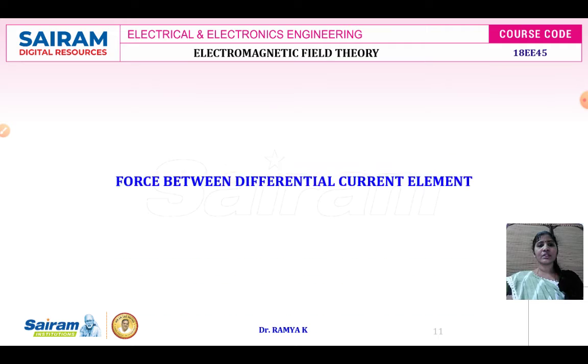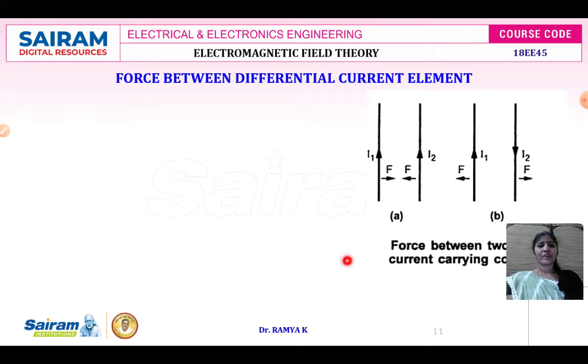Now consider two conductors. You can see two different configurations. In this configuration, the two conductors are carrying current in the same direction. In this particular configuration, the two conductors are carrying current in opposite directions.